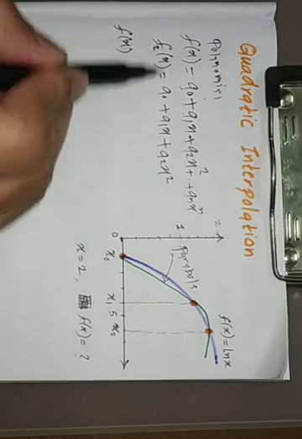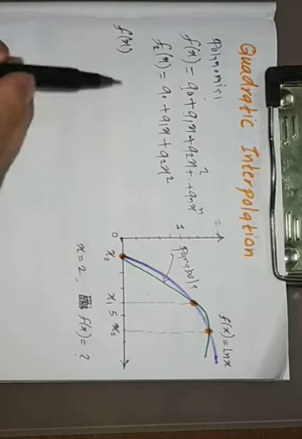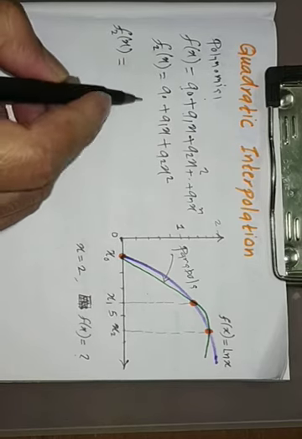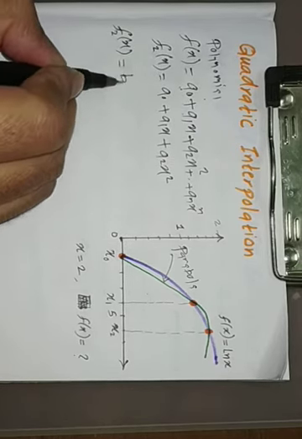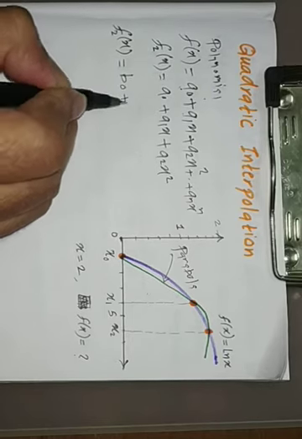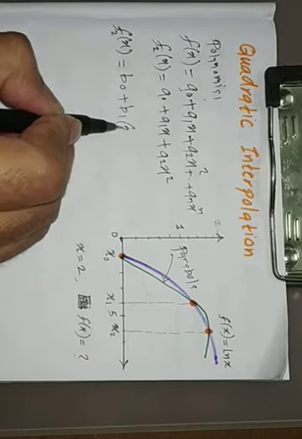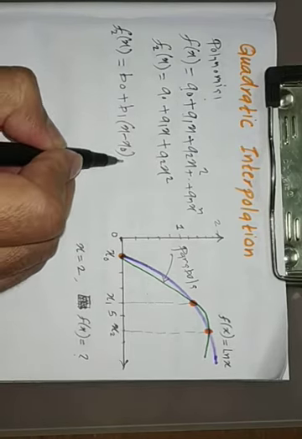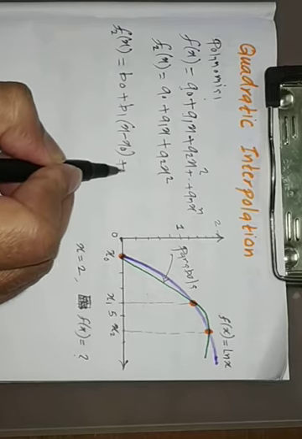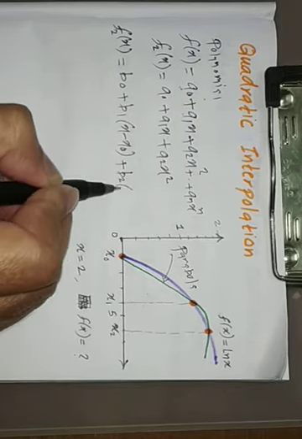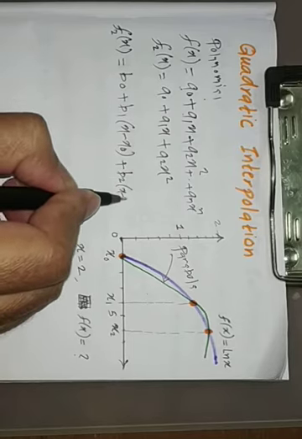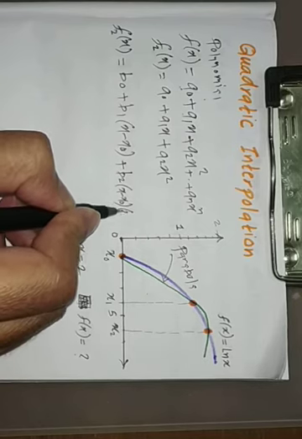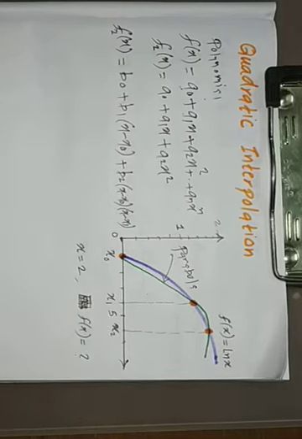Because it is the second order approximation, second order equation is used, that's why this f2 of x is equal to b0 plus b1 into x minus x0 plus b2 into x minus x0 into x minus x1.